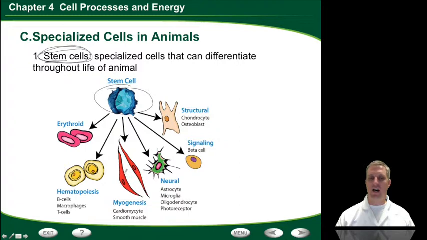It could become cardiac muscular tissue, heart tissue. It could become a neuron. It could become a beta cell that's used for signaling different things. It could become a structural cell like bone tissue. So stem cells have the ability to become whatever is needed. And there are stem cells in young developing organisms, and there are stem cells in adults as well.